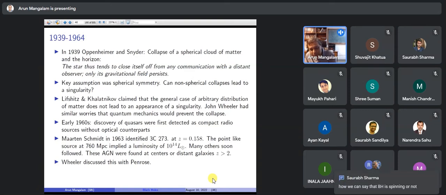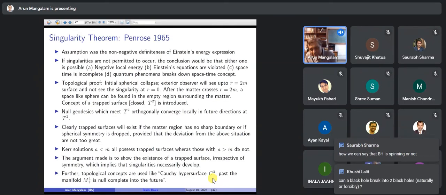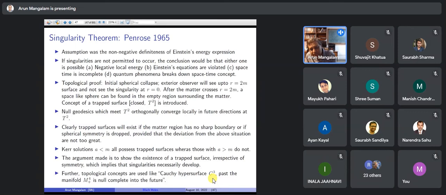So Wheeler was the one who discussed this with Penrose first. And Penrose, this is the famous theorem in 1965, where he showed that Einstein's energy expression is non-negative. So there is non-negative energy.